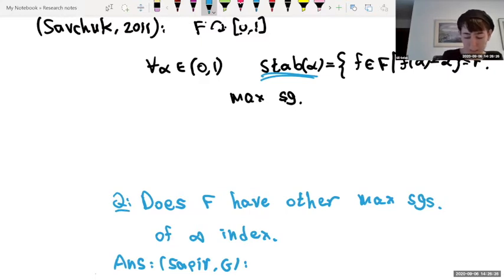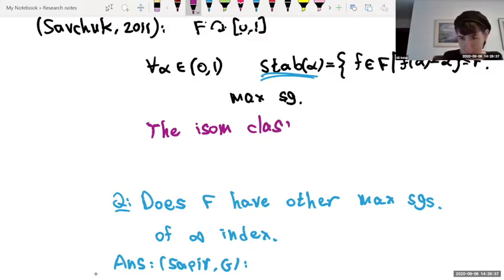So the isomorphism class of the stabilizer of alpha has 3 isomorphism classes, and they depend only on the type of alpha.